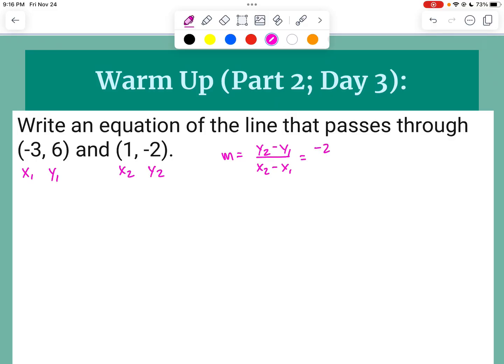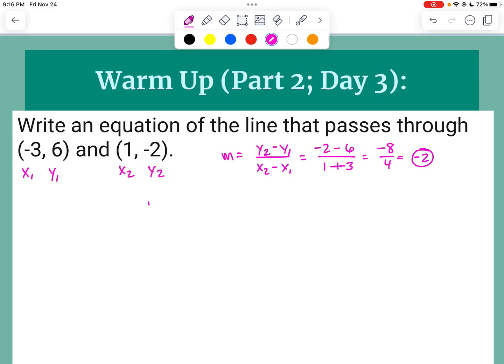From there, plug our values in. So -2 minus 6 over 1 minus -3, which is going to become a positive because it's a double negative. So that's -8 over 4, which is -2 if we reduce. So there's our slope.